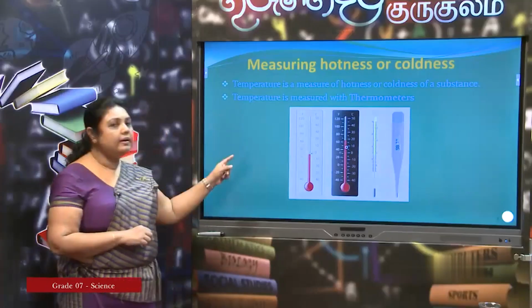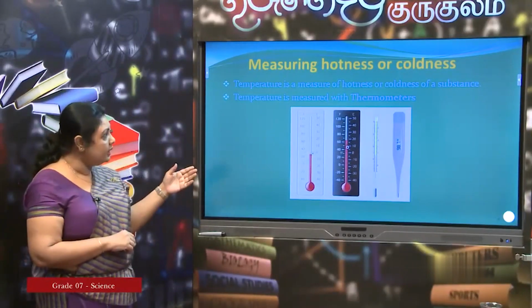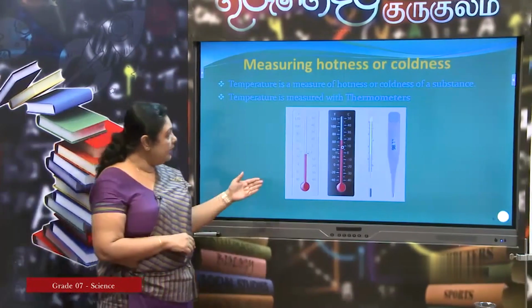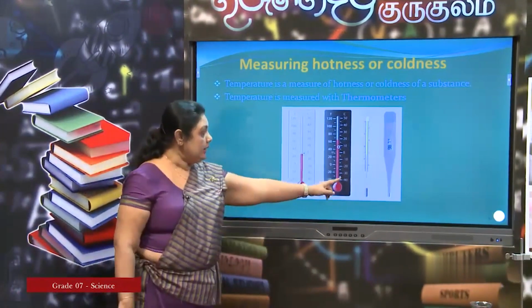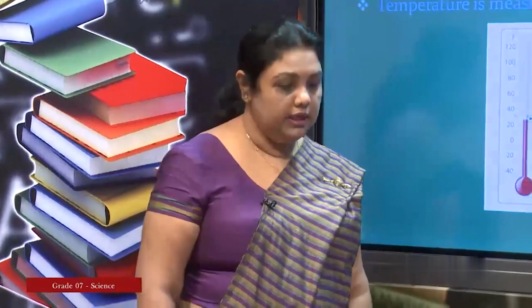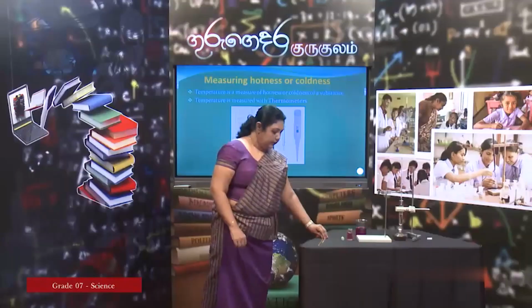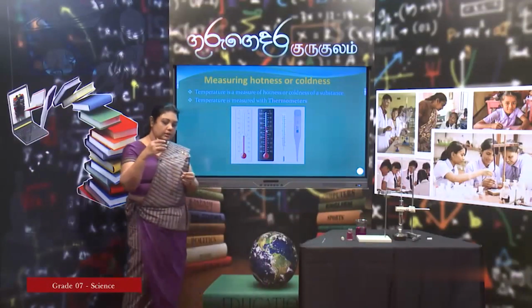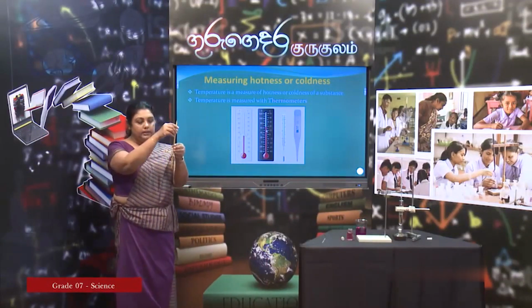So, these are some thermometers. You may have seen a few of these. There is a wall thermometer here, there is a mercury thermometer, and this is a digital thermometer. We will see some of these. Here, this thermometer is an alcohol thermometer.